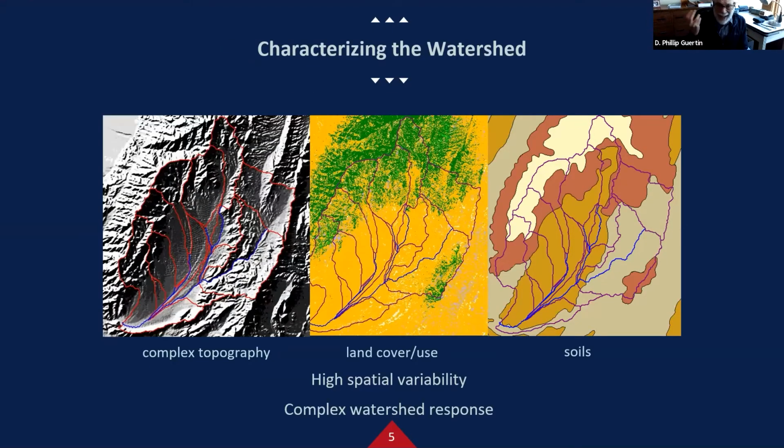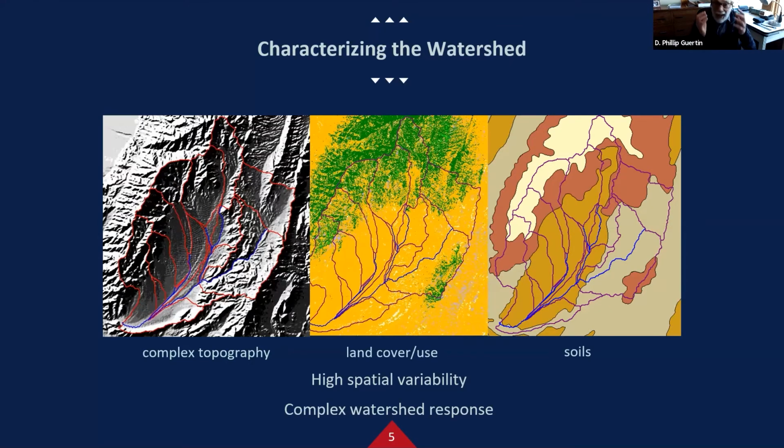I'd like to stress again, Shay just went through this. Our primary layers include topography. We're dealing with a digital elevation model, land use, land cover, and soils. Land use, land cover is really the one that we typically modify to reflect management or changing conditions or disturbance. Topography and soils are relatively constant, but land use, land cover is a more dynamic component.